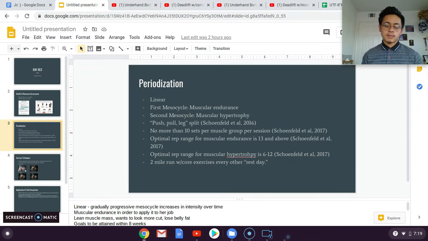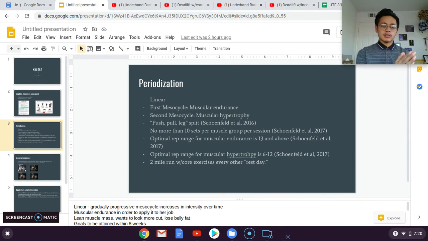And so you can already tell that it was really easy to transition from endurance to hypertrophy because one, linear is a gradual progressive mesocycle, and it increases in intensity over time. And so you can already tell that endurance is really high reps with lower intensity. And you'll see in my program when I show you later that we start with a 45% rep max.